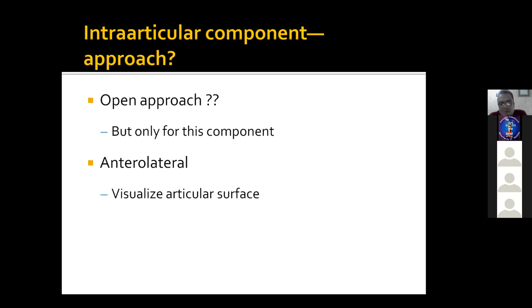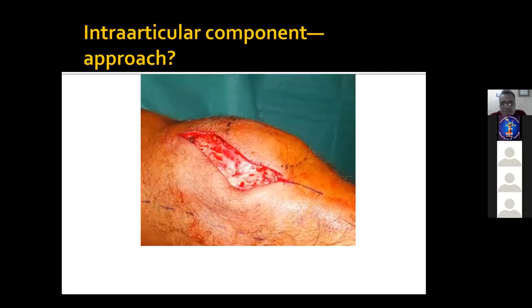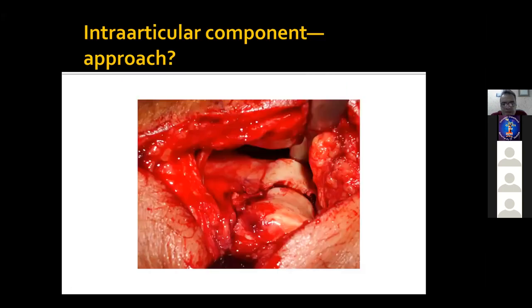So we make a compromise and we use an anterolateral approach, which gives us enough exposure to visualize the articular surface. This is the skin incision. This is after we expose the articular surface, we can see the components of the articular fracture.